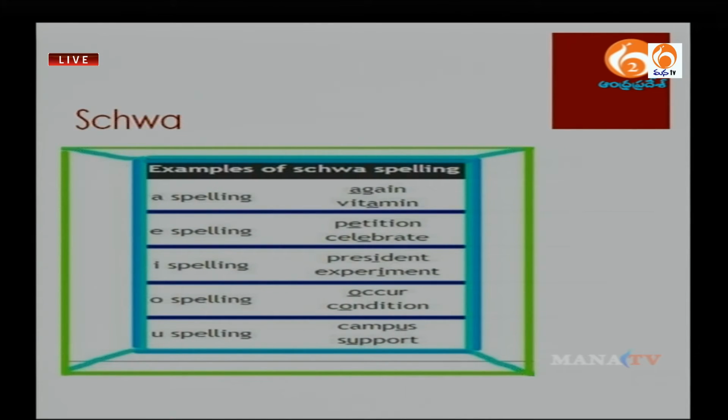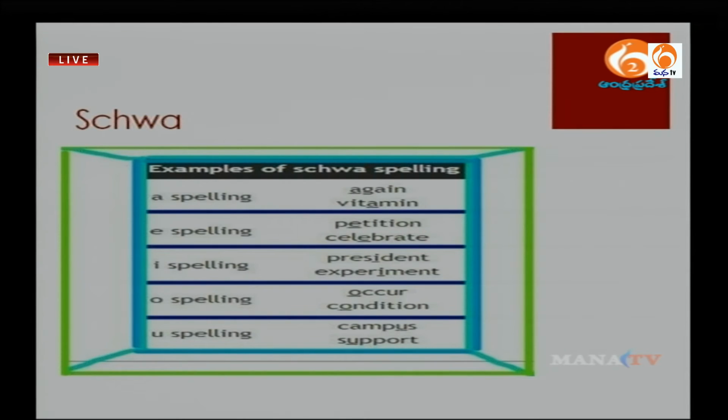Then we have the words petition, celebrate, president, experiment, occur, condition, followed by the last two examples, campus and support.